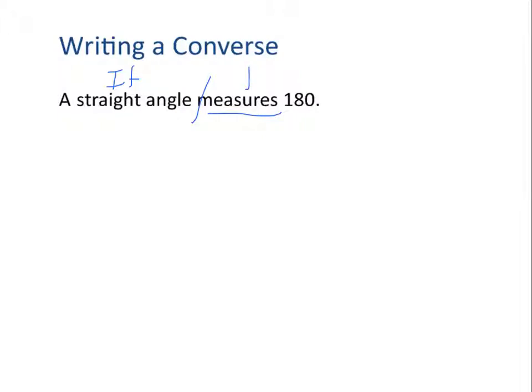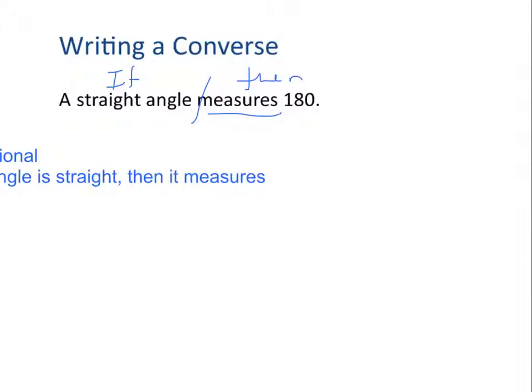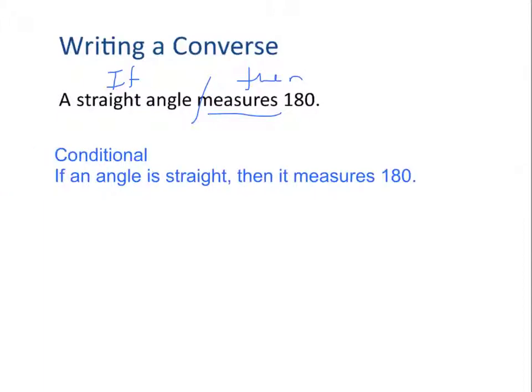"Measures 180 degrees" is the then part. So the conditional: if an angle is straight, then it measures 180 degrees. That's the conditional.